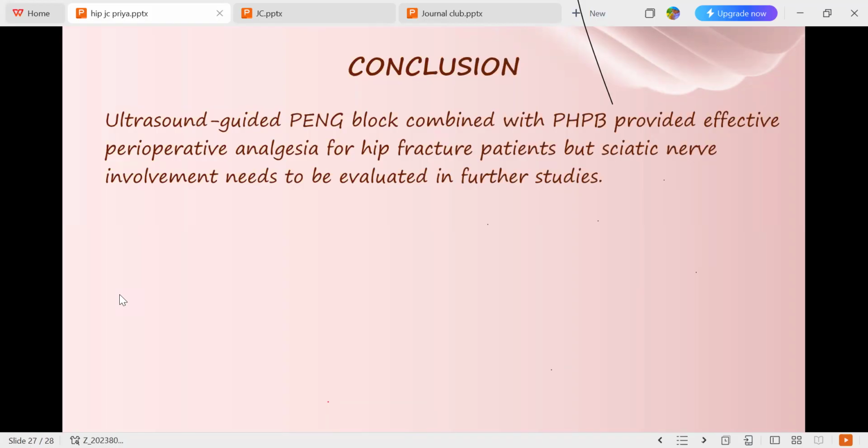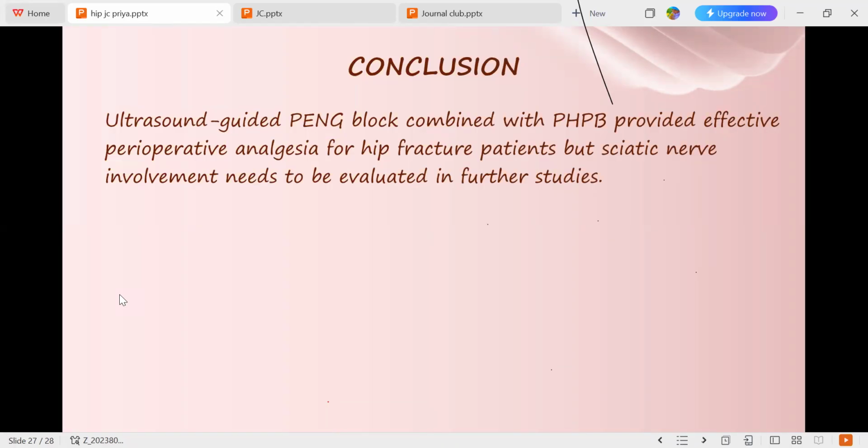So technically this block is going to be difficult. Yes, sir. And where will the incision be when they do a capsular incision? Usually if they are going for an anterolateral approach, the incision will be mostly on the anterior capsule, sir.